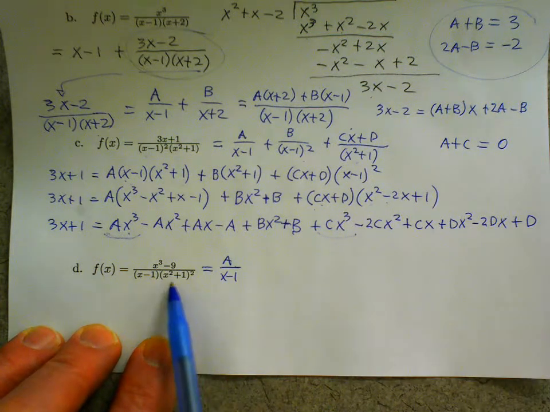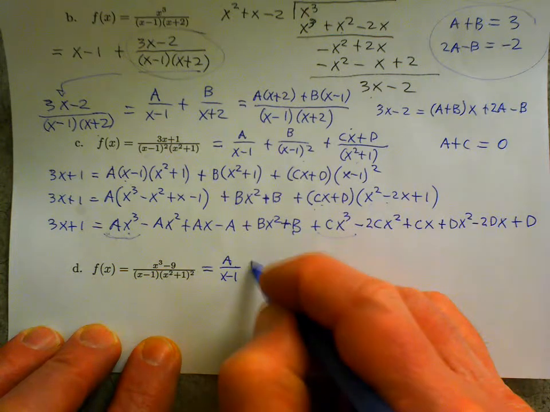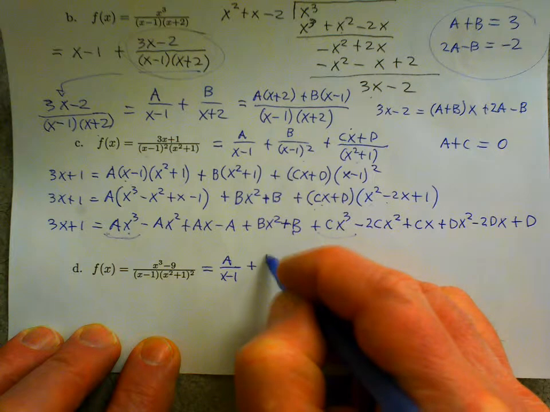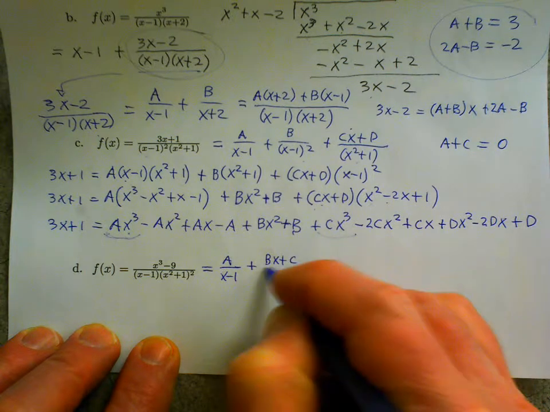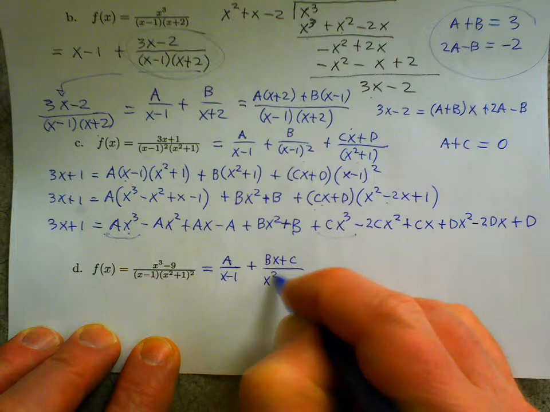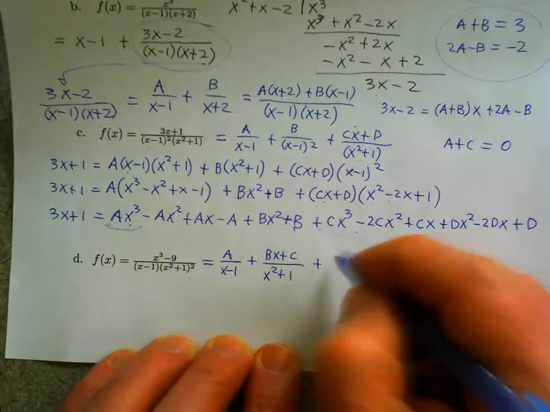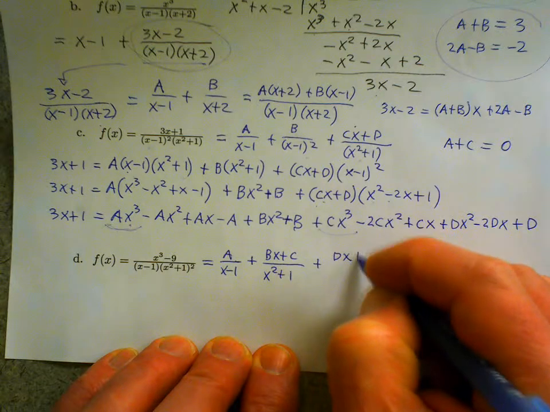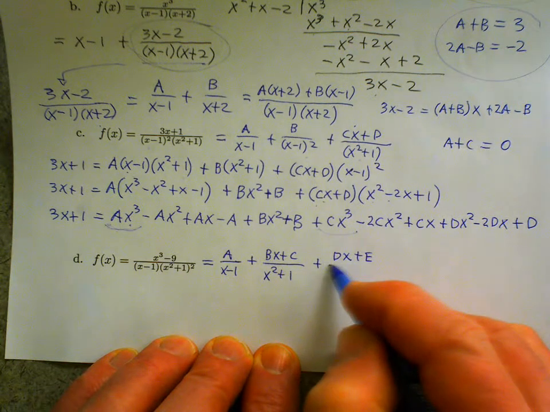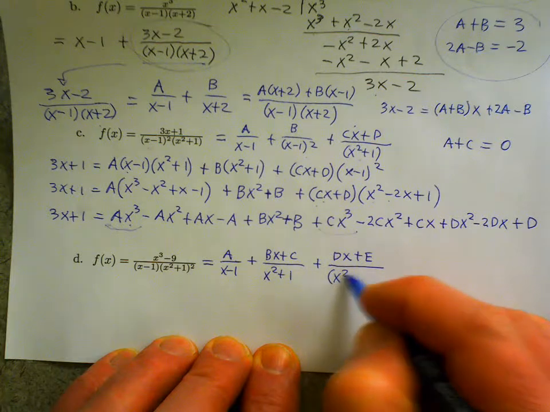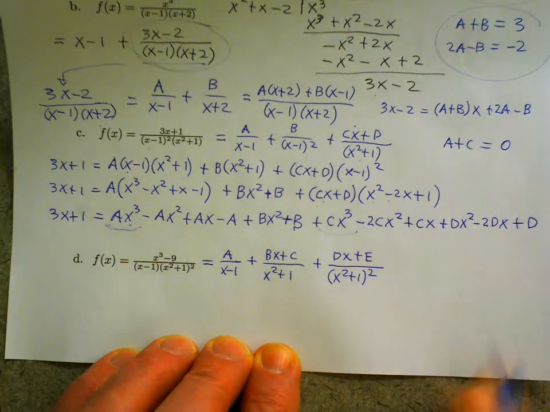And then we have an irreducible quadratic factor squared, so we have to have bx plus c over x squared plus 1, and then another term, dx plus e over x squared plus 1 quantity squared.